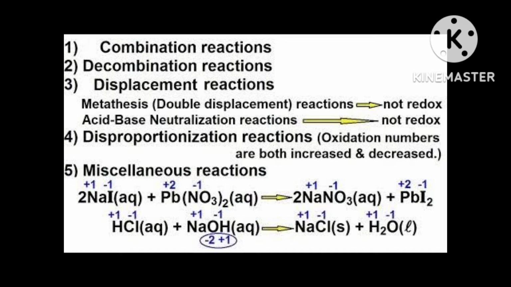For Ca you have written 2, plus carbon, plus 3 times minus 2, that is equal to 0. 3 times minus 2 means minus 6.